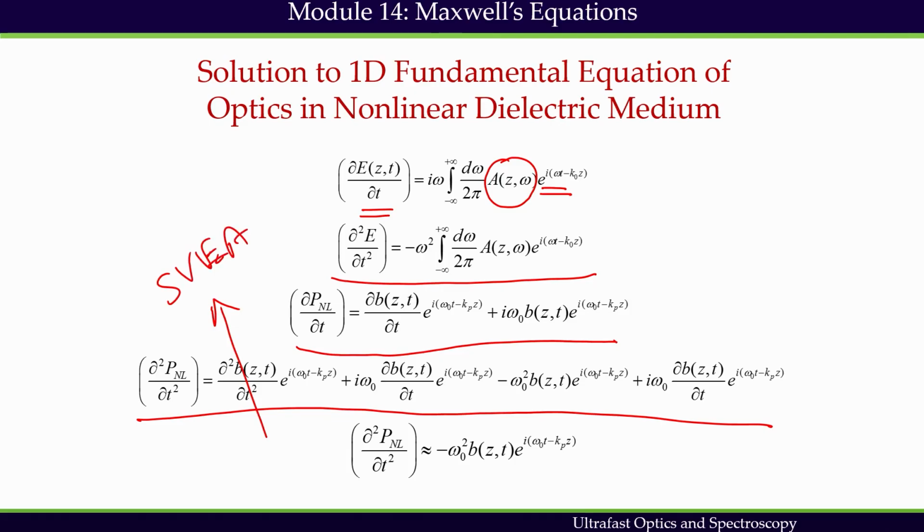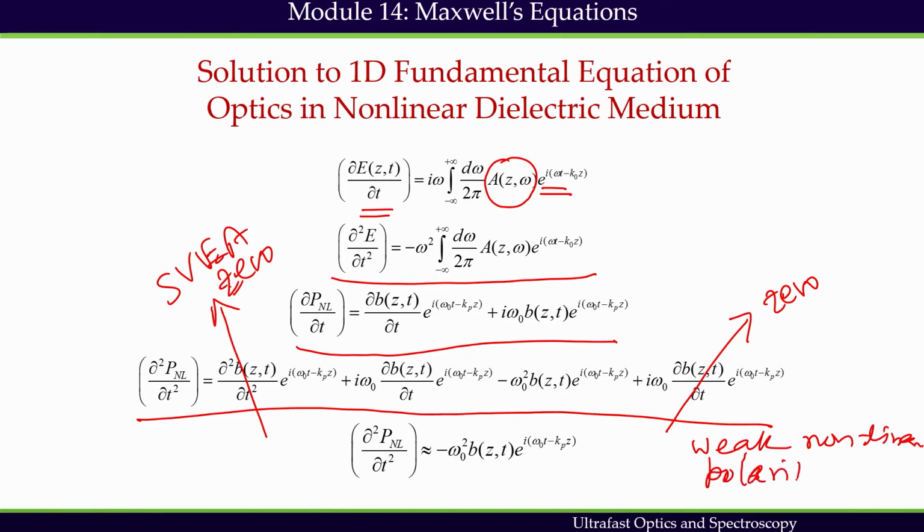In addition to the second derivative, I will consider the first derivative to be also 0, because we considered weak nonlinear polarization. The nonlinear polarization is so weak that its first derivative is almost 0. So, approximately I can write down the nonlinear polarization expression like this.